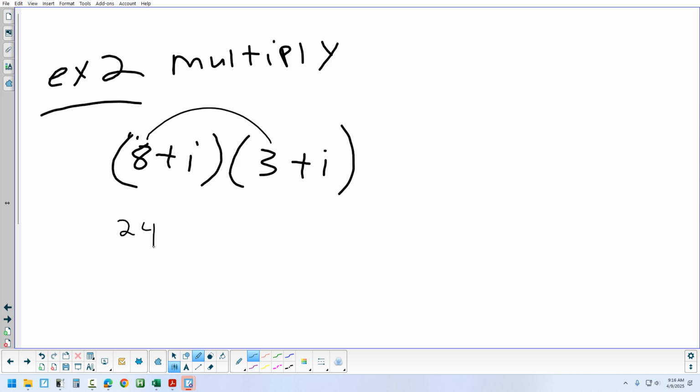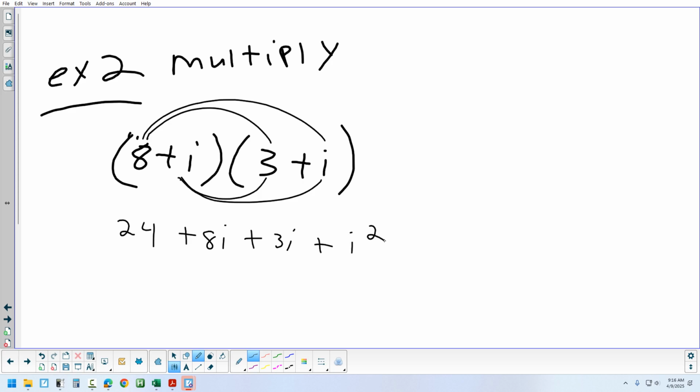What's the next thing you multiply? 8 times i. All right. What's the next one we're going to do? Yep, the i and the 3, and that gives me 3i. And the last one we need to do is positive i times positive i. Well, positive times positive is positive. And what's i times i? i squared.